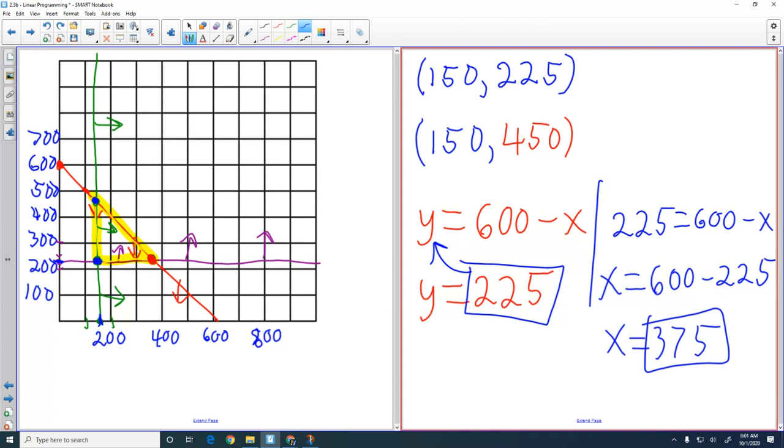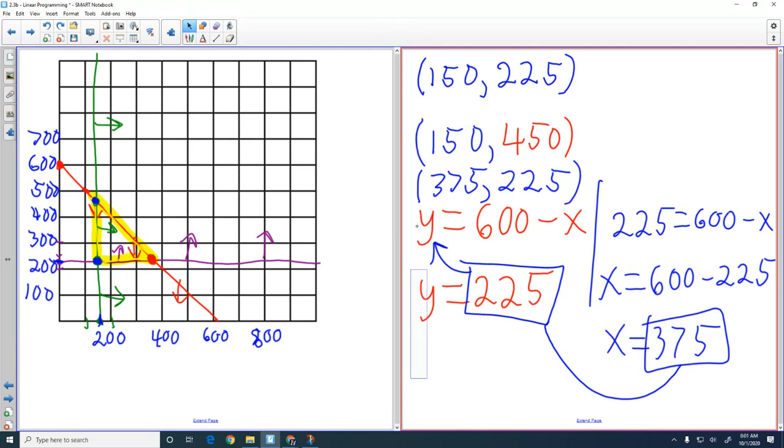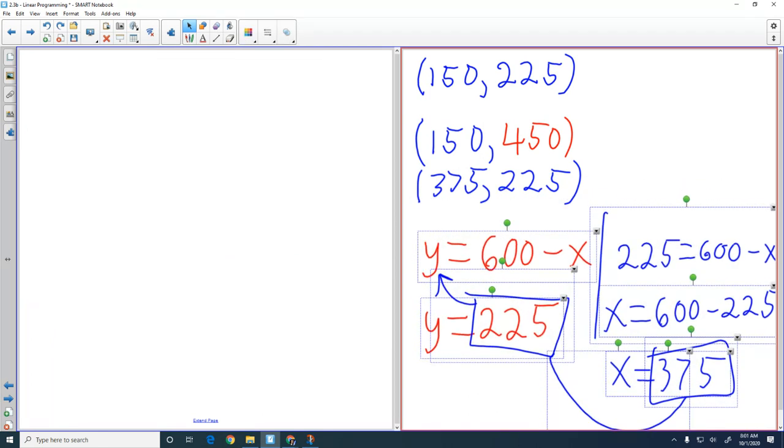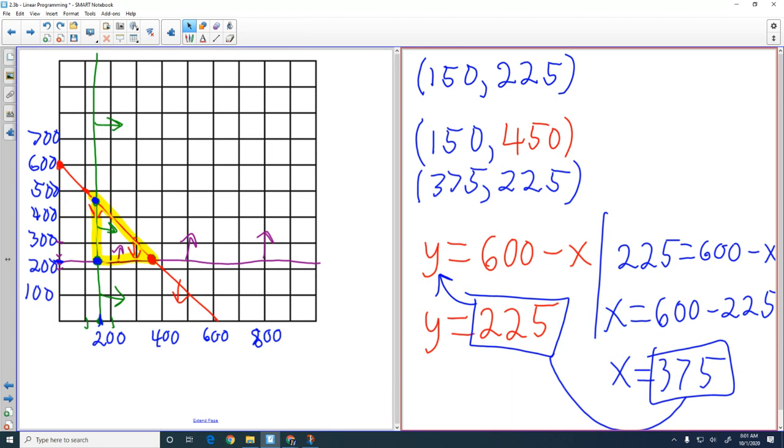When x is 375, y is 225. That's going to be our third critical point, our third coordinate. So 375, comma 225. Make sure you keep the order straight. Make sure that x coordinate number is first and the y comes second.